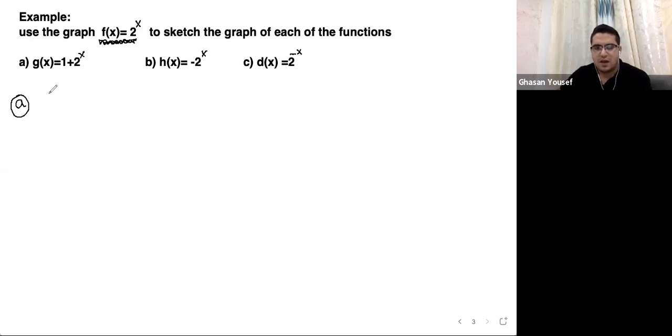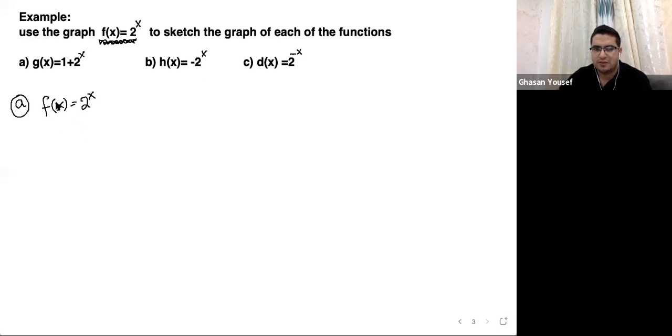So I have to write f of x equal 2 to the power x, and I have to modify this function to make it similar to the g of x. Then I can graph the g of x by using the function f of x. So what I have to do here to make this function similar to g of x.